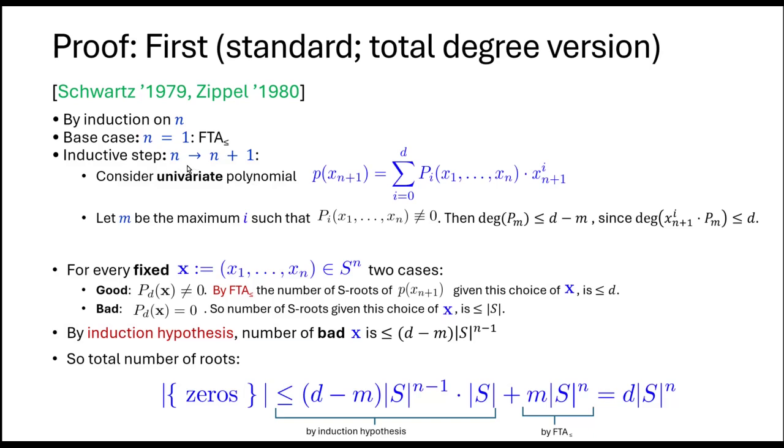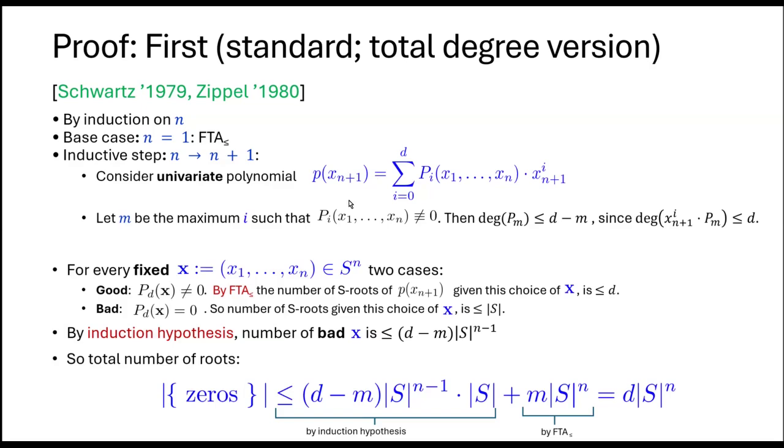I have a polynomial with n plus 1 variables, x1 to x_{n+1}, and I write it as a univariate polynomial as follows. So I write it as p of x_{n+1}.